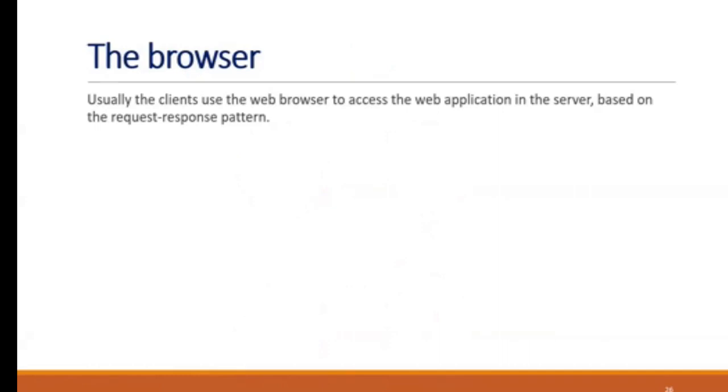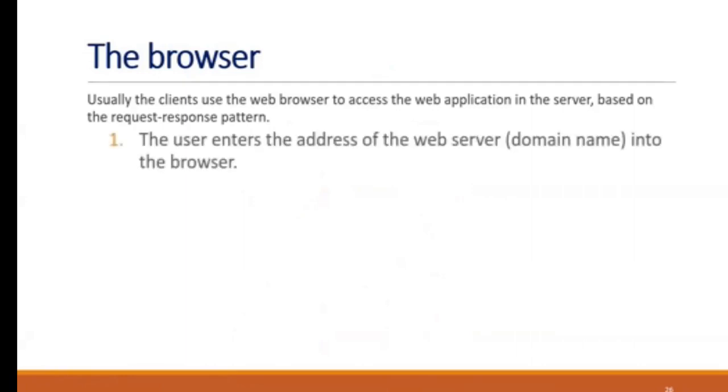I am the client, and Facebook is my server. What I need to do is send a request: okay, Facebook, I want to log in. So the user enters the web server's domain name on the browser, then the browser sends that request to the web server. On Chrome, you type it and then it sends it to the web server.